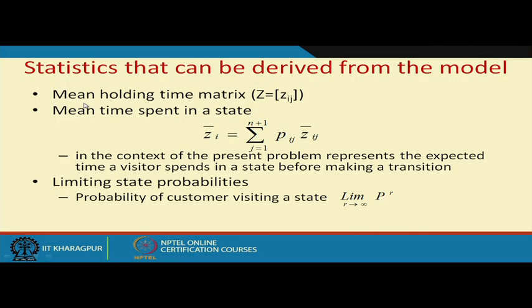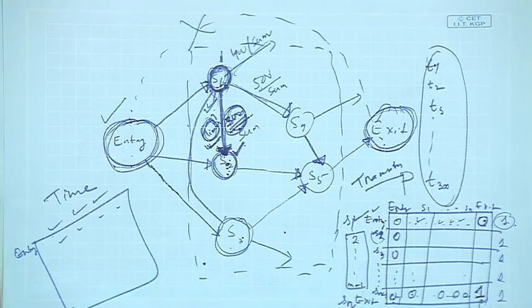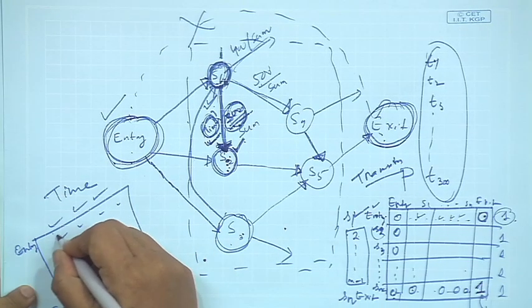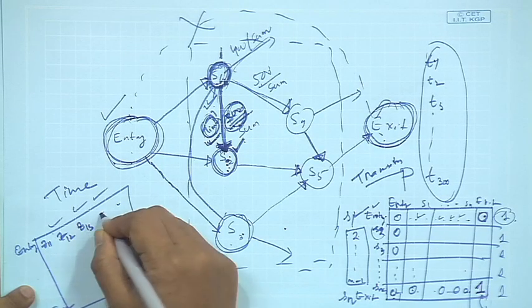So, we have the mean holding time matrix. This time matrix we are calling as holding time matrix, where the mean value of this time is represented. So, here you have this Z11, Z12, Z13 and so on.